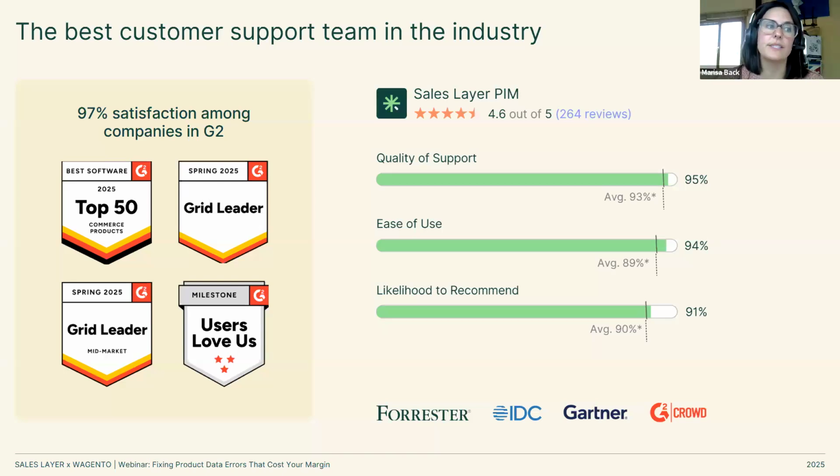Yep, absolutely. So we understand that ease of use is going to be essential, because if you purchase something and then you don't use it, well, no one benefits from that, right? So we made sure to build the tool so that it is simple. We have an easy copy and paste, so you can just copy your product information from an Excel sheet and dump it into the PIM. It auto-populates those fields for you.